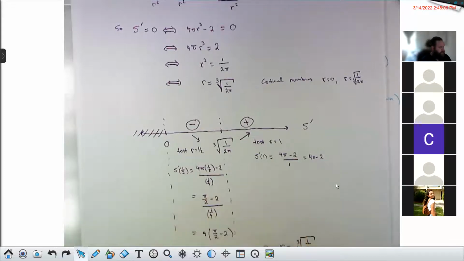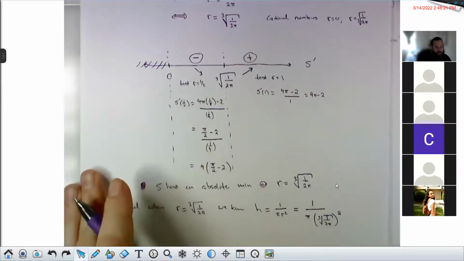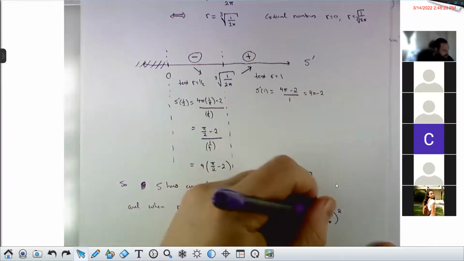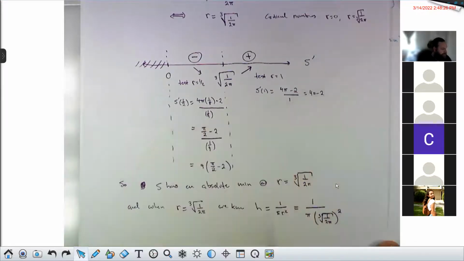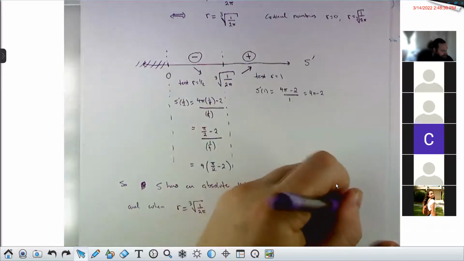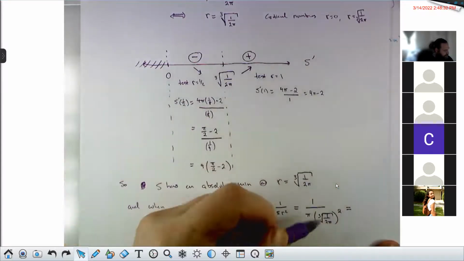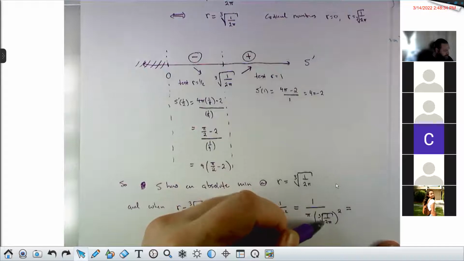And if you plug in the cube root of 1 over 2 pi for R, you get 1 over pi times the cube root of 1 over 2 pi squared, which is a mighty strange number. But we can clean it up. The cube root of 1 over 2 pi is 1 over the cube root of 2 pi.